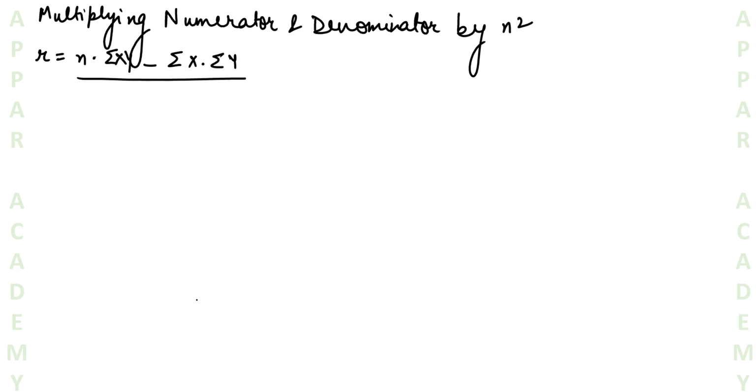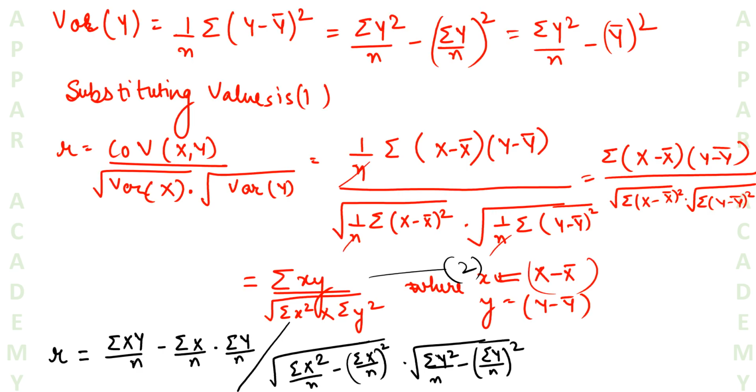This upon, again we are multiplying and dividing by n square, right? So what can we do over here? Since it's a square root, we can take two n squares, one n square over here and one n square inside this, because this is a square root.